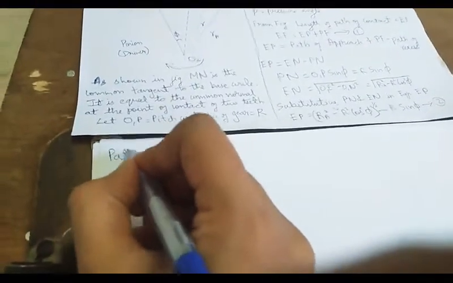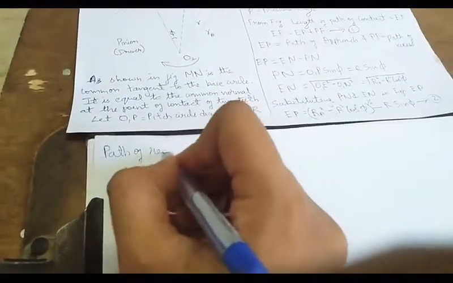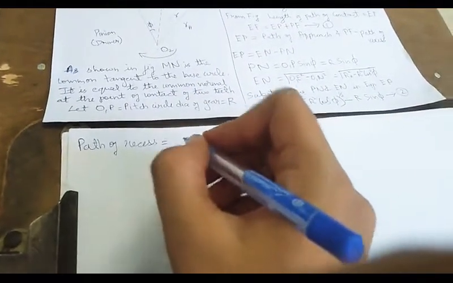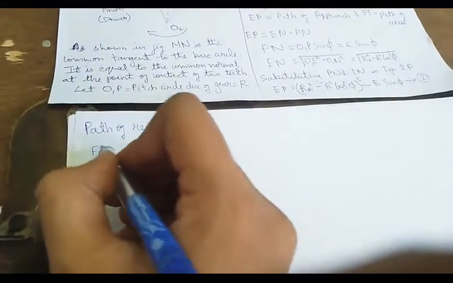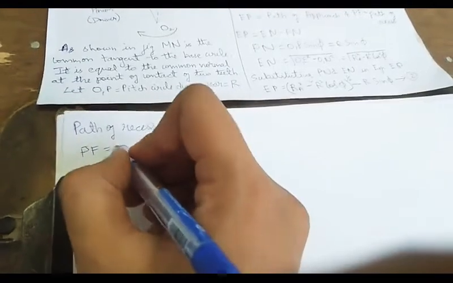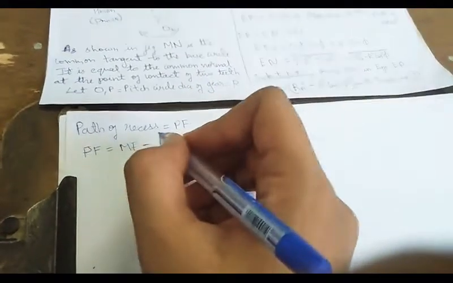Now we shall take path of recess. So path of recess is PF. PF is equal to, from the figure, MF minus MP.